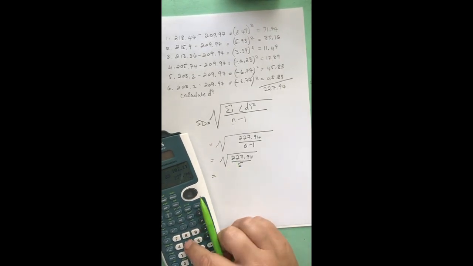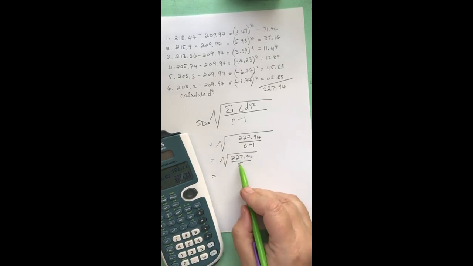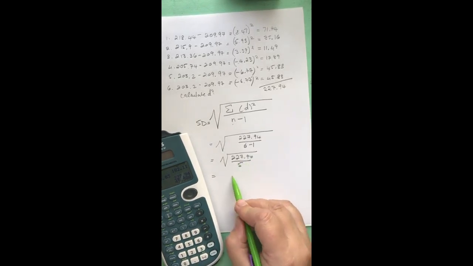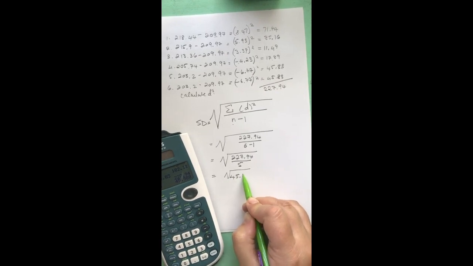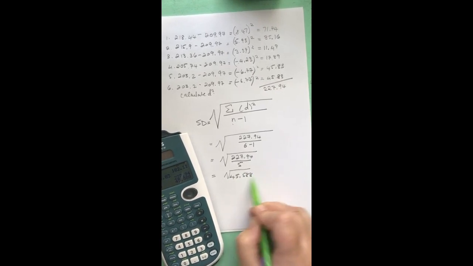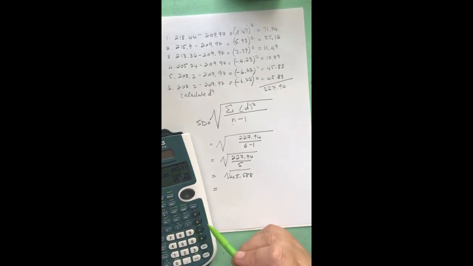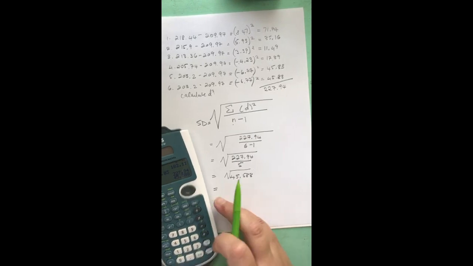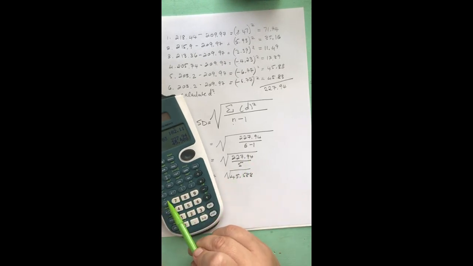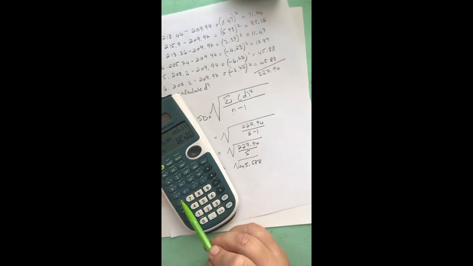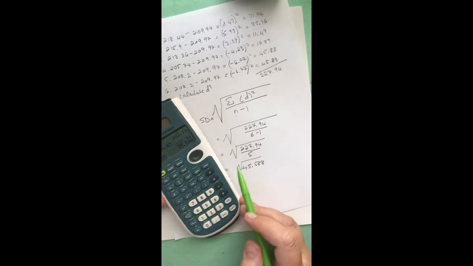So let's go ahead and divide 227.94 by 5. We get 45.588, and at this point I think just leave it. It's not such a big number. And of course, to get the square root, you have to use that square root function on your calculator. So look carefully. It probably would be a second function on your calculator as well. It's a second function here on my calculator.